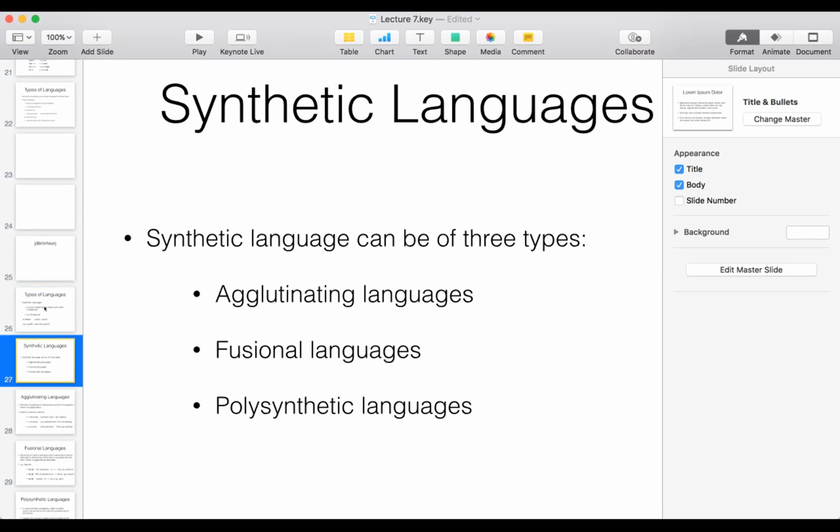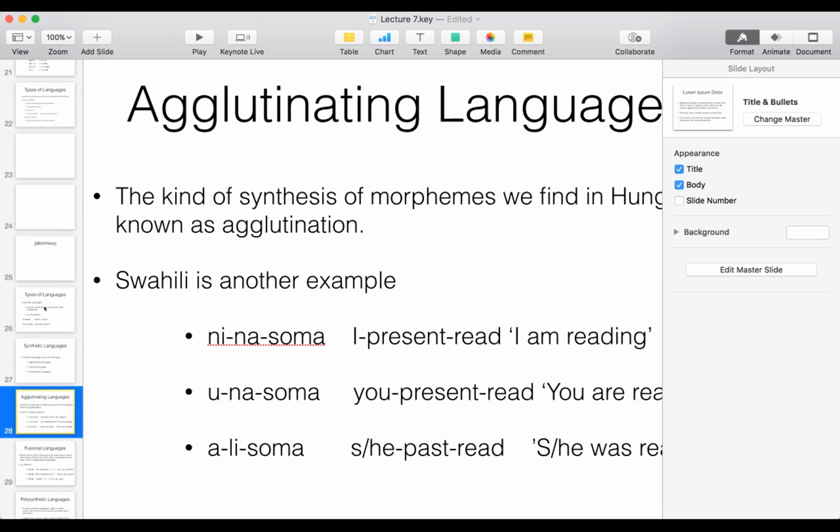So there are 3 different kinds of synthetic languages in the world. There are agglutinating languages, fusional languages, and polysynthetic languages. Here is an example of an agglutinating language. This is Swahili, though Hungarian is also an example of an agglutinating language. So you have Nina soma, Una soma, Ali soma.